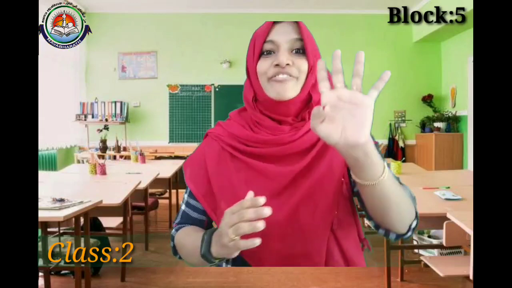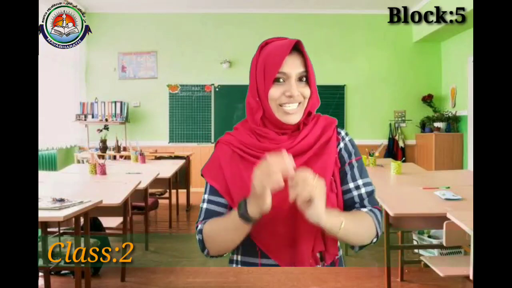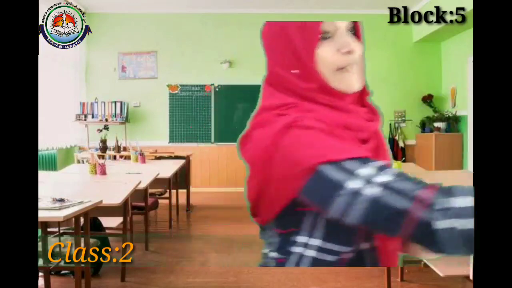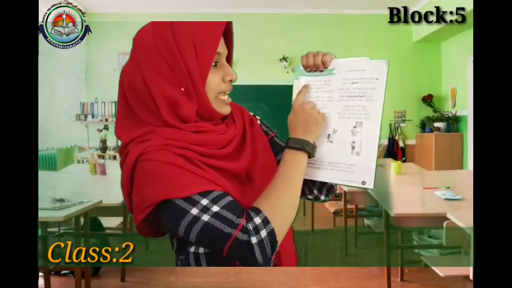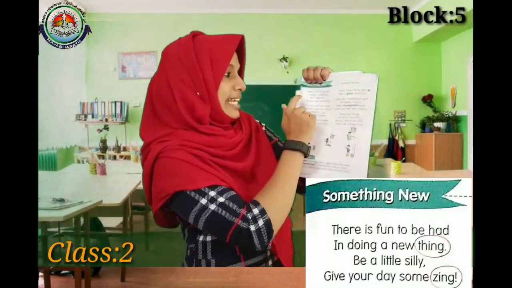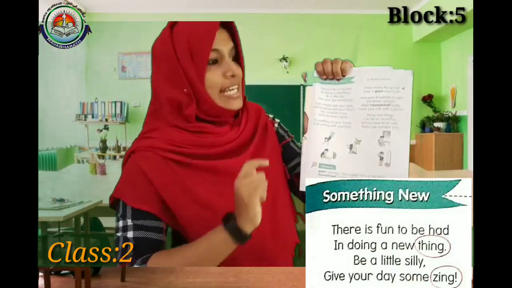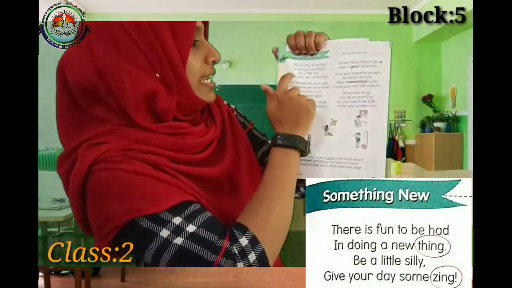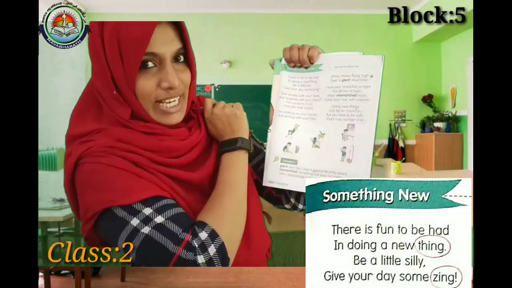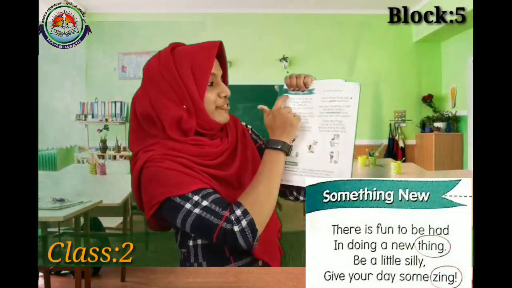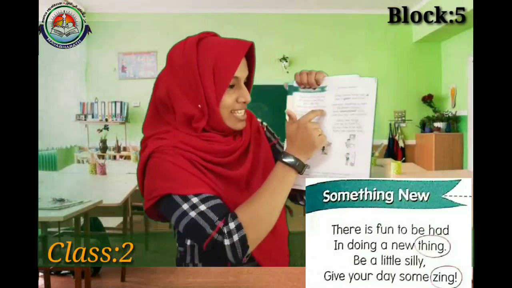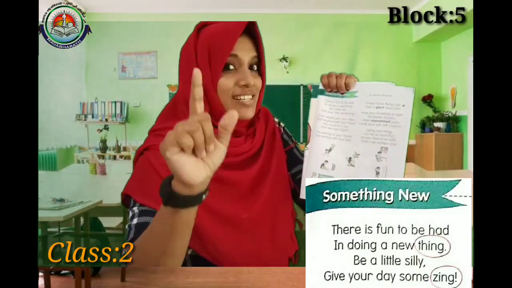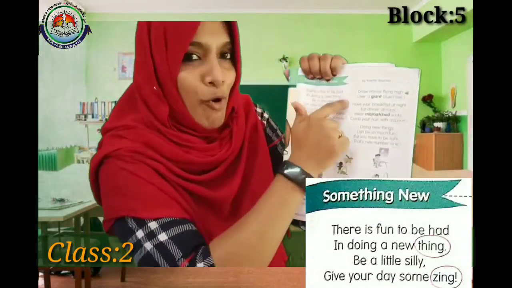So these four lines are called a stanza. See our poem, Something New. Here, there is fun to be had in doing a new thing. Be a little silly, give your day some zing. So here these four lines are called a stanza. So this is the first stanza of this poem.